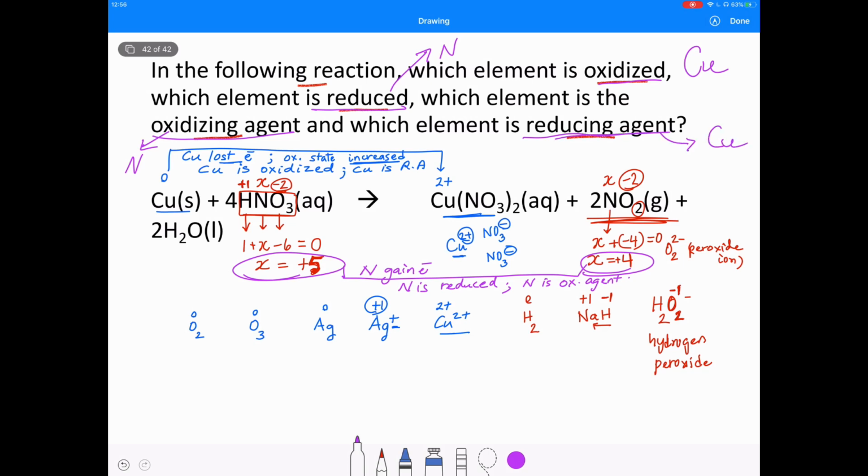One thing I want to point out: we didn't really use these coefficients, because the coefficients are going to factor out. If you do 4 times this, that's still going to be equal to 0. So the 4 doesn't matter there; it can cancel out. The coefficients don't matter when you're determining the oxidation states.